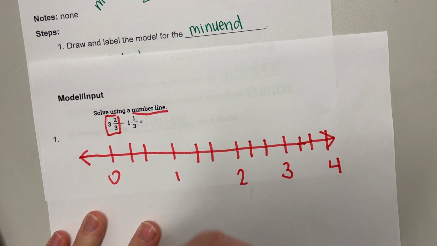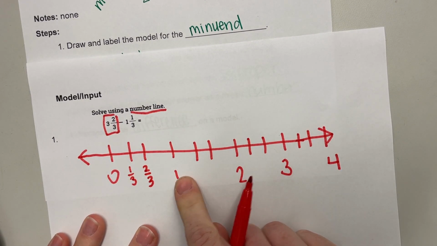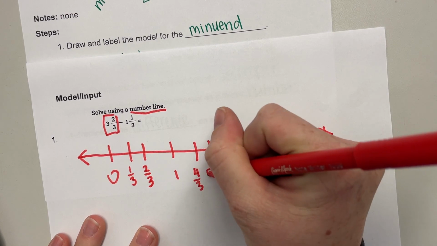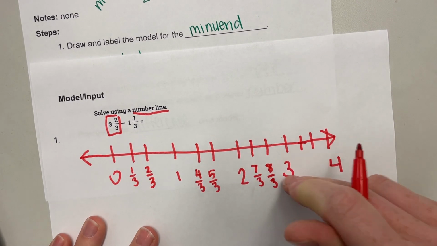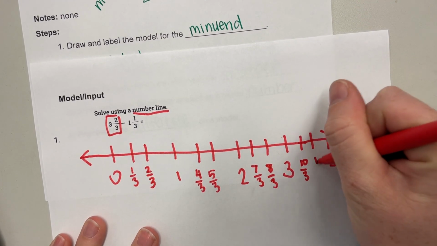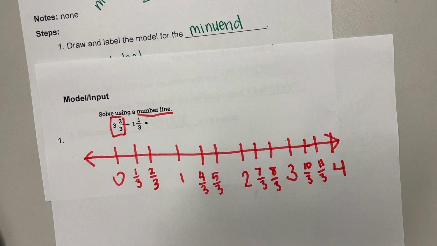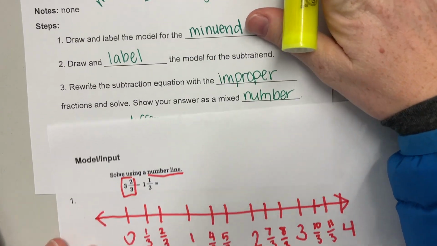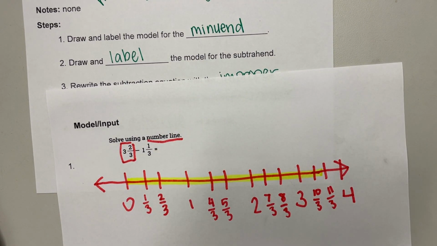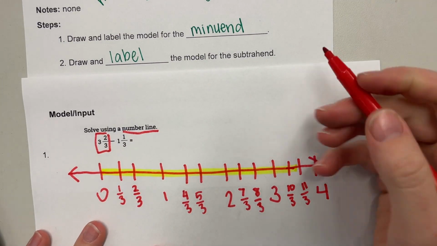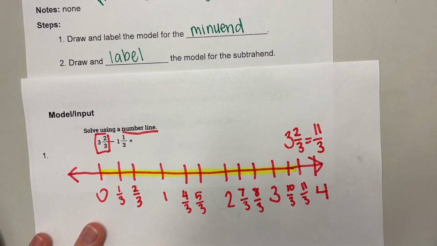Now I need to label: 1/3, 2/3, 3/3, 4/3, 5/3, 6/3, 7/3, 8/3, 9/3, 10/3, 11/3. So I see that my 3 2/3 is equal to 11/3.